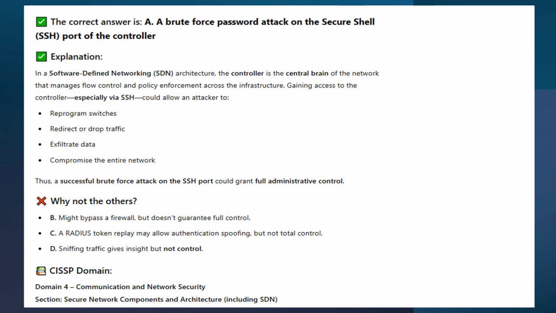Gaining access to the controller, especially via SSH, could allow an attacker to 1, reprogram switches, 2, redirect or drop traffic, 3, exfiltrate data, and 4, among others, compromise the entire network. Thus, a successful brute force attack on the SSH port could grant full administrative control to the attacker.